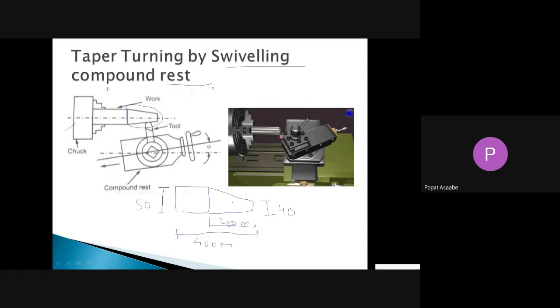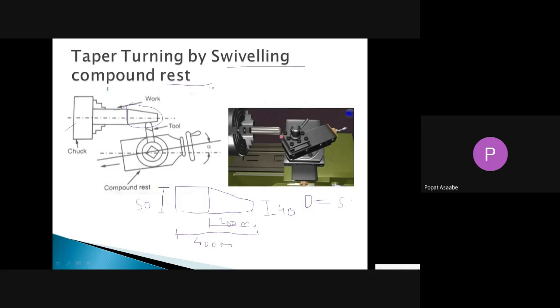Now such a taper we want to produce on this workpiece, and the dimensions of that taper I have given. What is the capital D in this figure? 50.